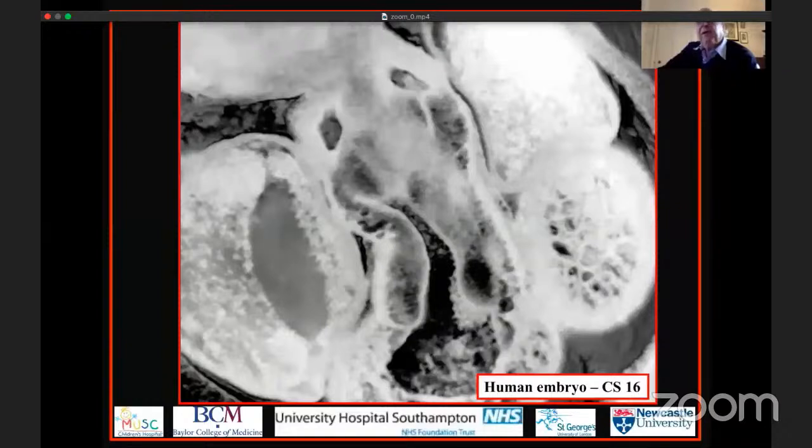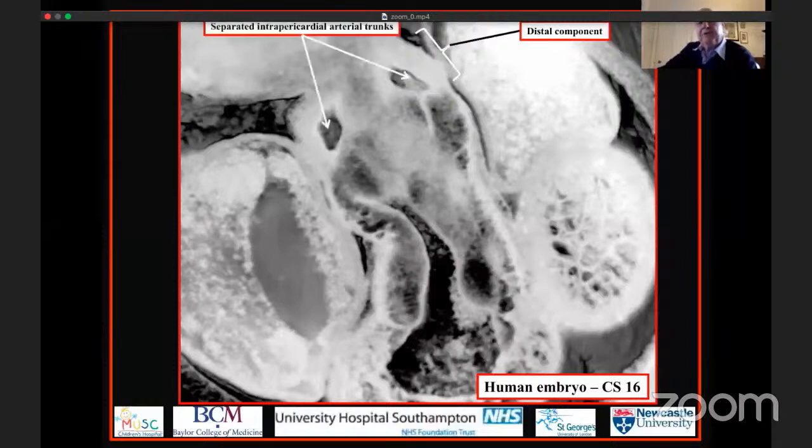So here I'm showing you a later stage. About half a week has passed since I showed you that early stage as reconstructed by Wout and Jill. But this now is an episcopic data set showing you the similar situation that we saw a moment ago in the murine heart. So there again is the non-myocardial distal component, and this has developed a little bit further.